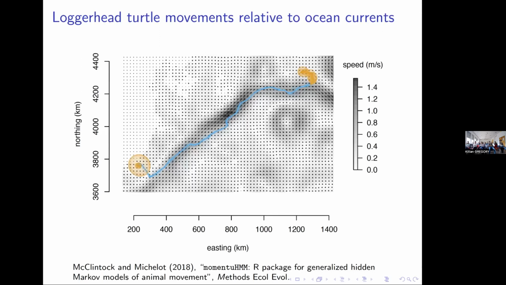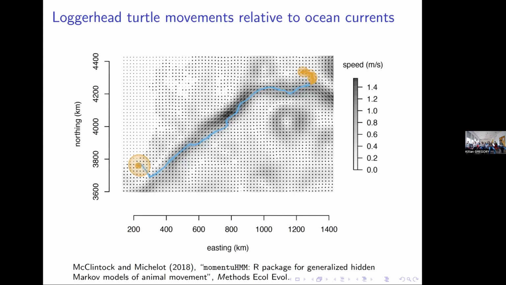So this is just a little example with a loggerhead sea turtle, showing that you can model movements as a function of sea surface current. That's what's happening here, where this animal kind of just catches onto this one and then cruises out and then does foraging.